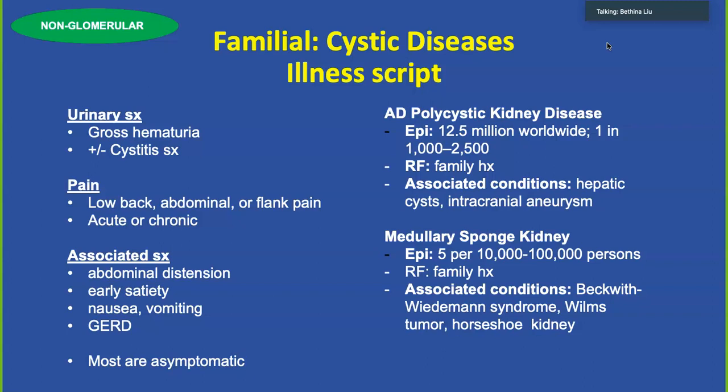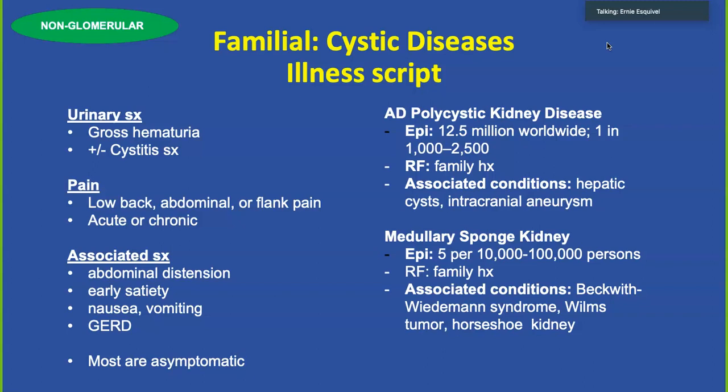Medullary sponge kidney is much rarer, affecting about 5 per 10,000 to 100,000 people. Similarly, you should look for a positive family history, and this condition is associated with some other congenital syndromes like Beckwith-Wiedemann syndrome, Wilms tumor, as well as horseshoe kidney.